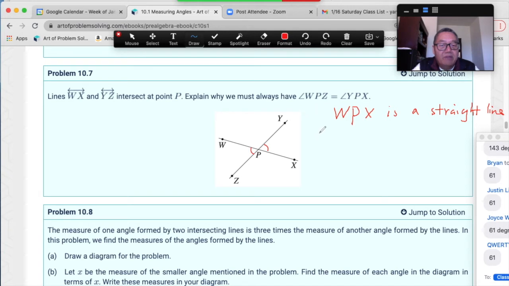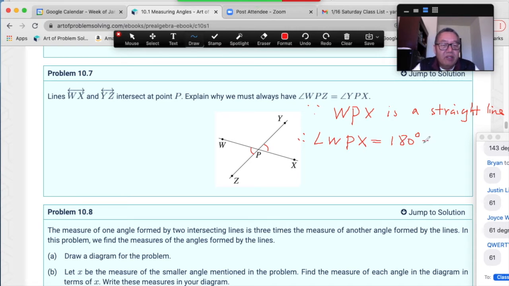Then we have angle WPX equals 180 degrees, right? Because WPX is a straight line, therefore angle WPX equals 180 degrees. That's a straight line, right? They form a straight angle.